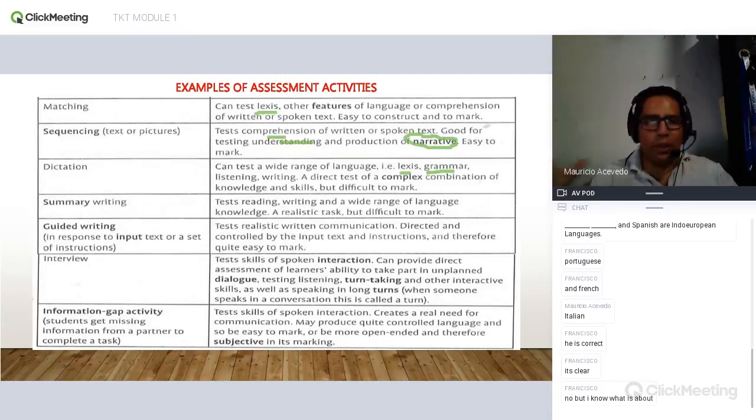Okay, so I will make a summary of all this. Matching, remember that it says mostly lexis, but match many things.